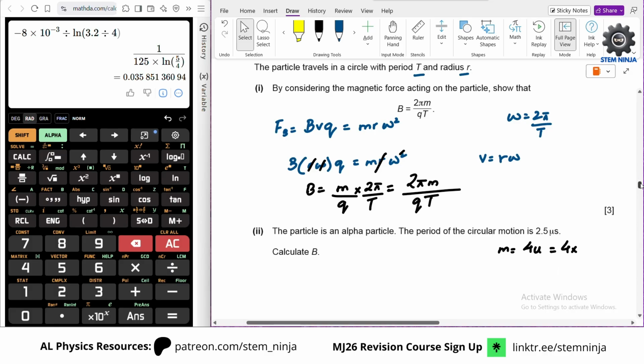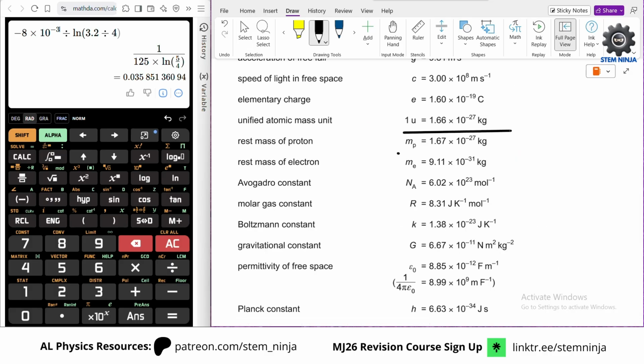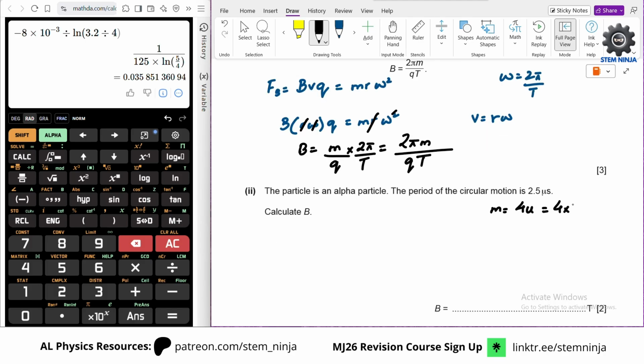I think we can check the value. We can use this one. So for u, 1.66 times 10 raised to the power minus 27, and charge is 2e, 2 times 1.6 times 10 raised to the power minus 19 coulombs.